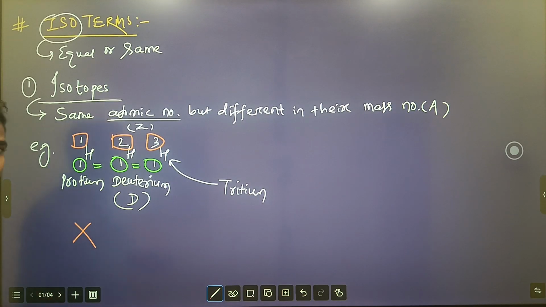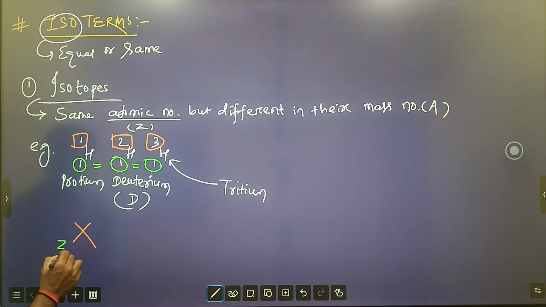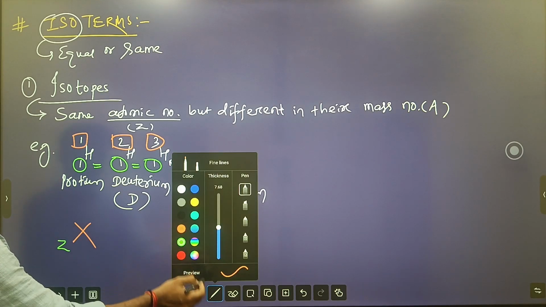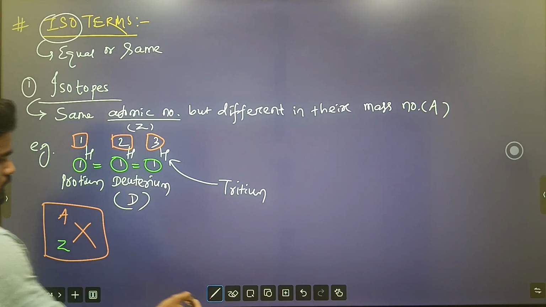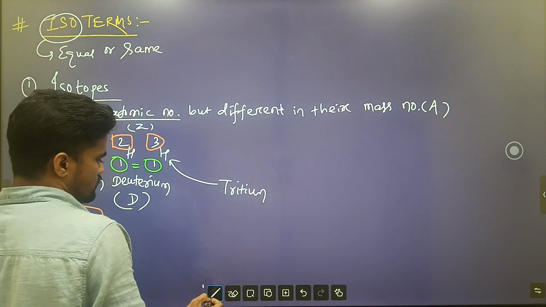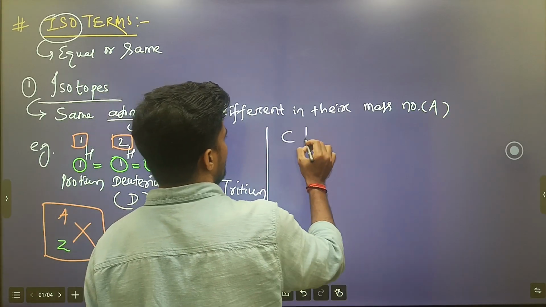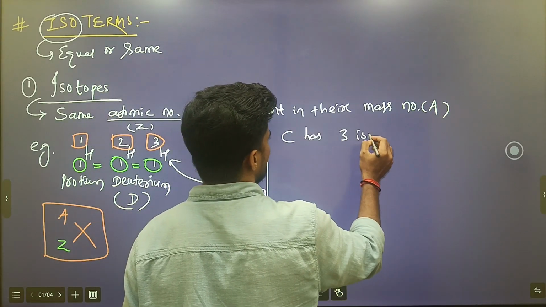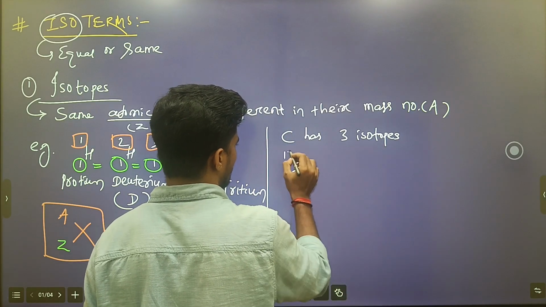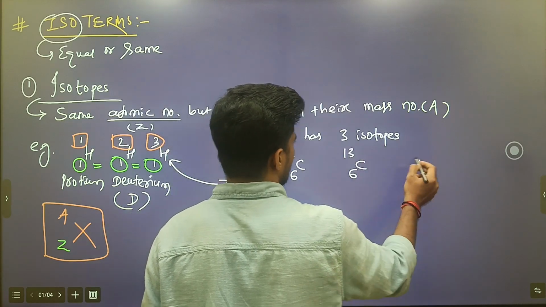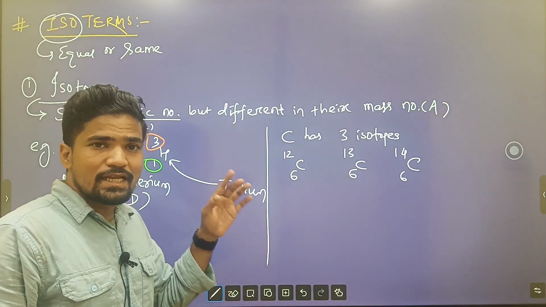We already know how to represent an element. If X is the symbol of the element, Z will be the atomic number, and A is the atomic mass. Now one more example. Carbon has three isotopes: carbon 6 12, carbon 6 13, carbon 6 14.